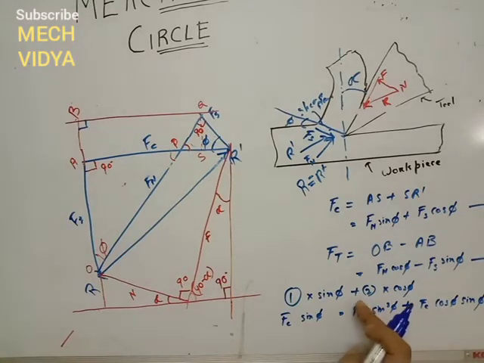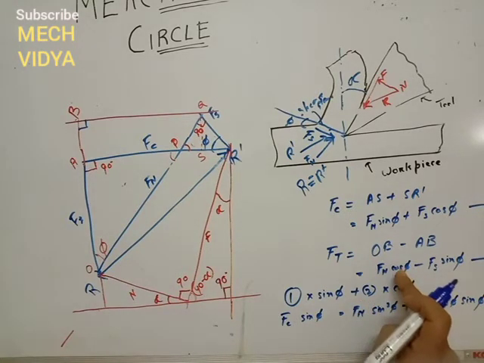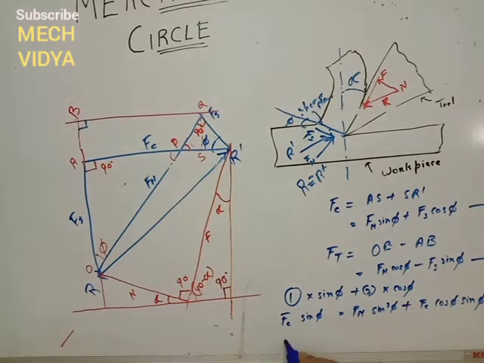And now equation 2, if we multiply with cos phi, then we will get Ft cos phi is equal to Fn cos square phi minus Fs sine phi cos phi.